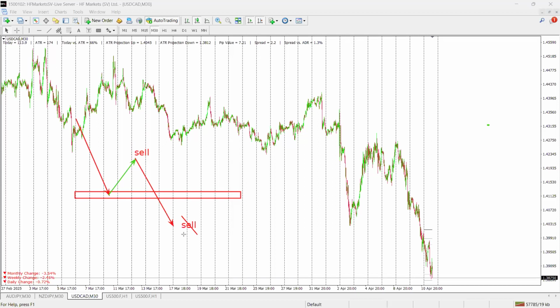No. Using a break and retest strategy, this is a break here, right? The market is saying, wait for price to return back to the level that was just broken. Here, this should be where your sell will be.